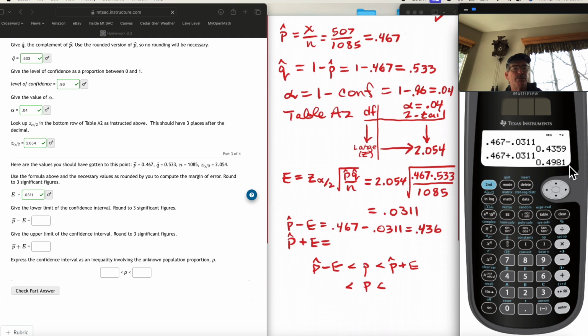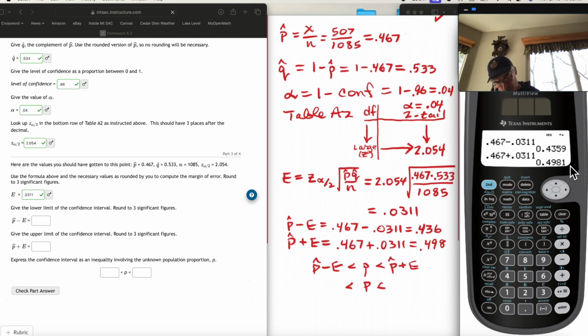So here we'll say 0.498. Yeah, 0.498 with 3 significant figures. Okay, and so those are the lower limit and upper limit.